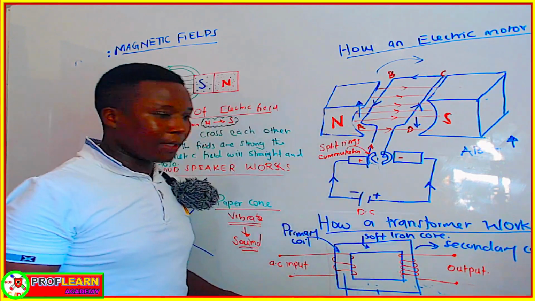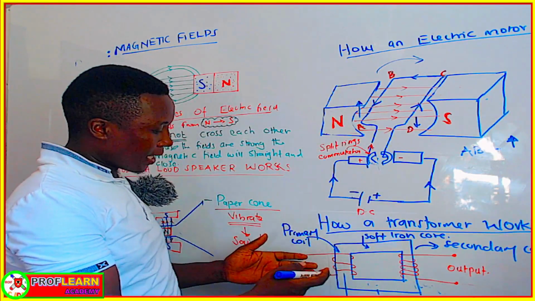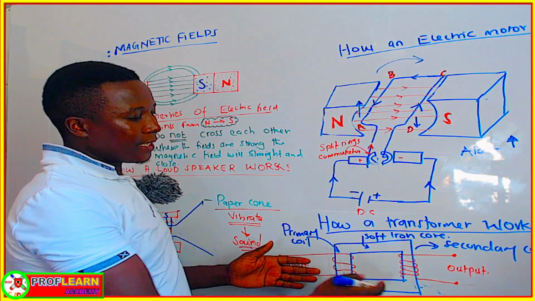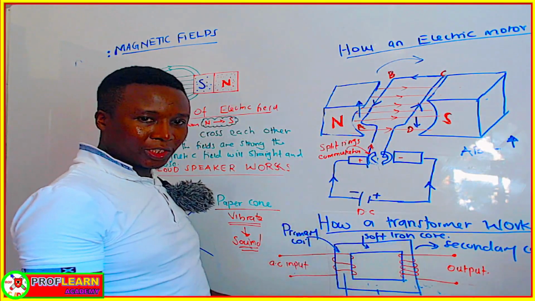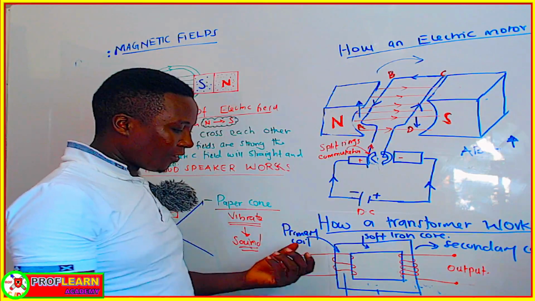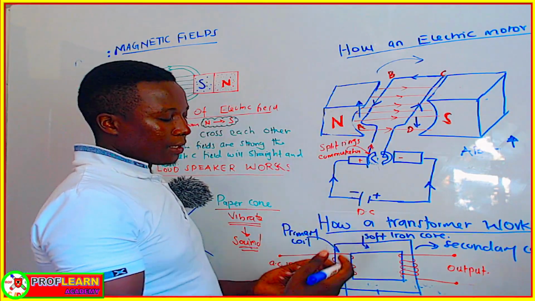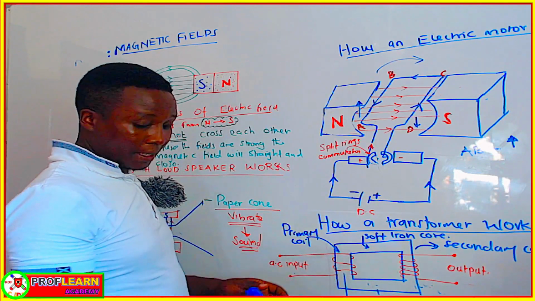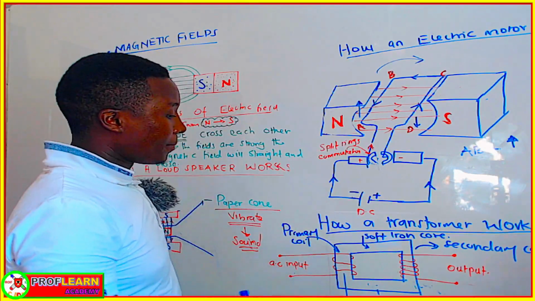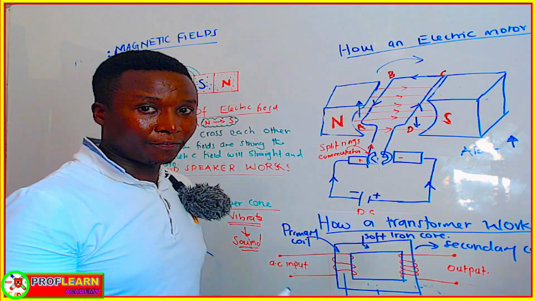Something we can mention is that since we have fewer turns in the primary coil than in the secondary coil, this is a step-up transformer, because it's going to increase the voltage.